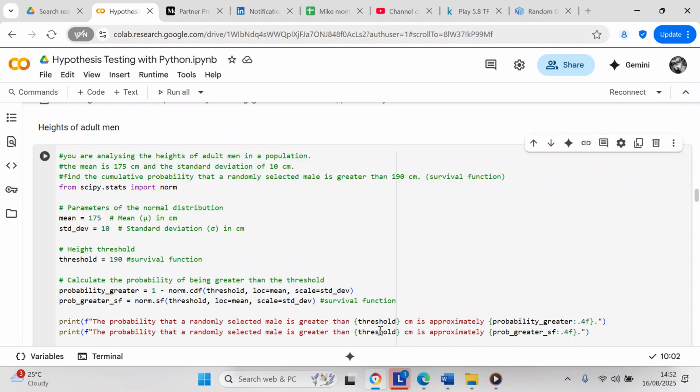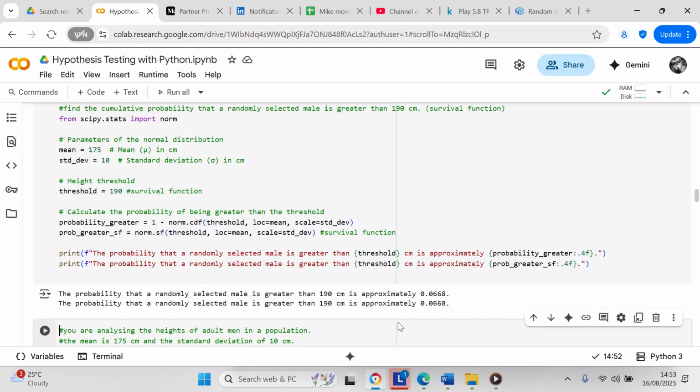And then we're going to print these two probabilities. So I'm going to go ahead and run it. And it gives you the same answer: the probability greater and the probability greater with SF give you the same answer.